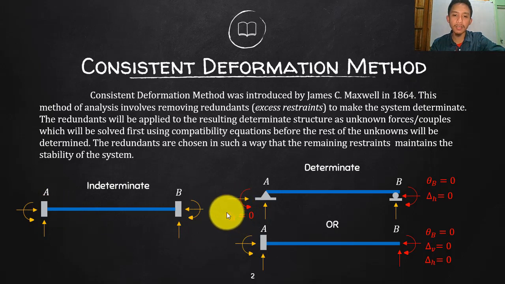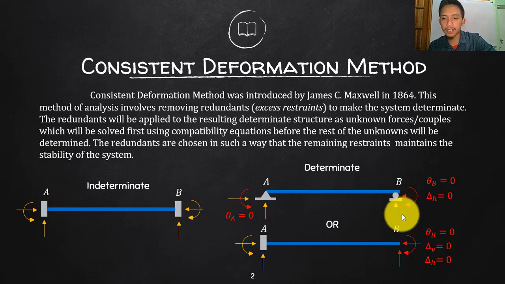So we know that at A, the rotation should be 0, or that theta A, which is the slope of the tangent, is 0. Since there is no rotation, the tangent to that point A is horizontal. So we will use this idea to create the compatibility equation in this part where we removed the moment.